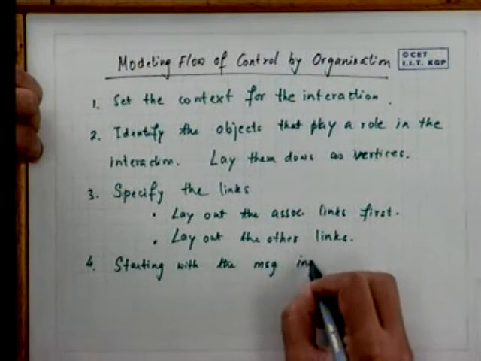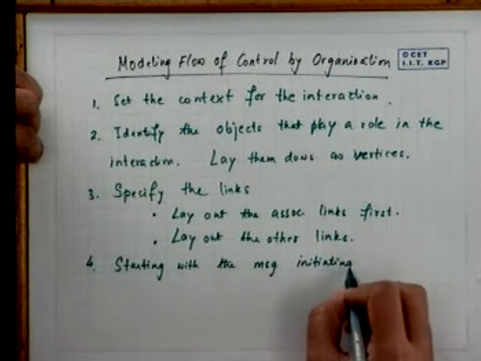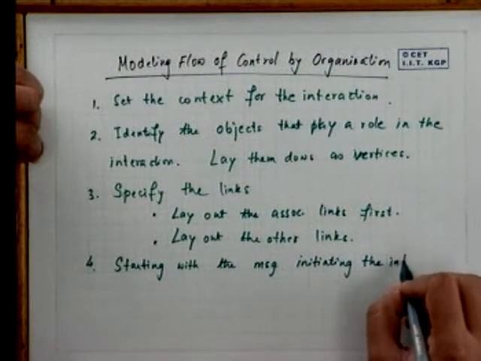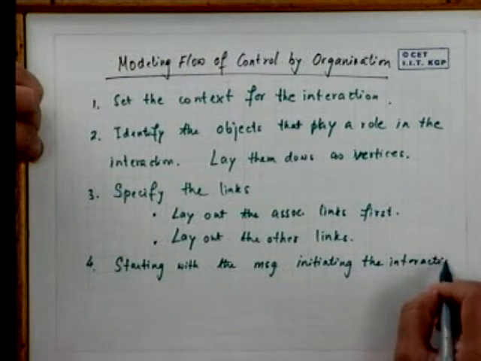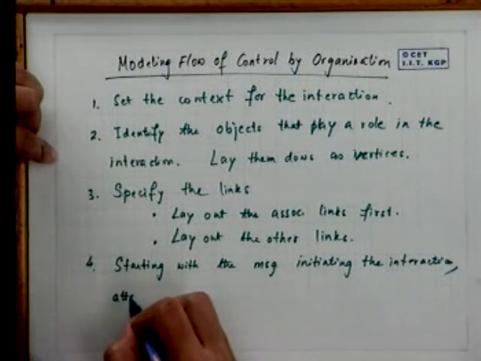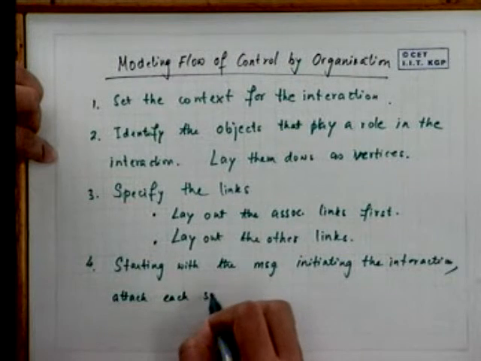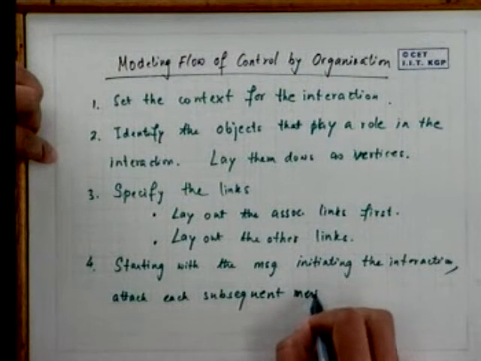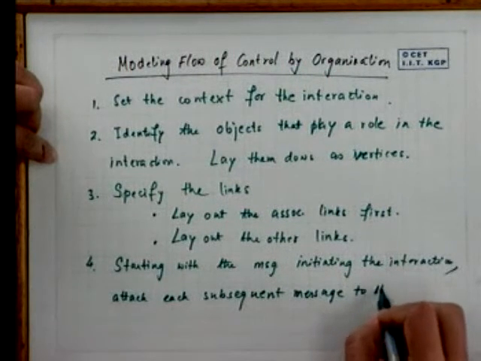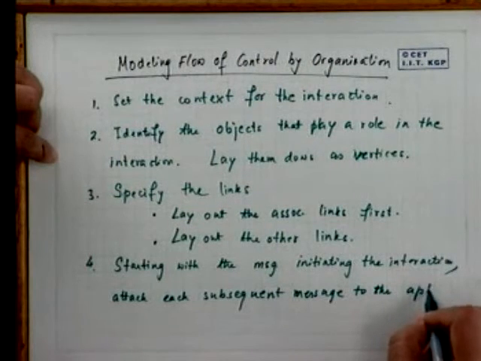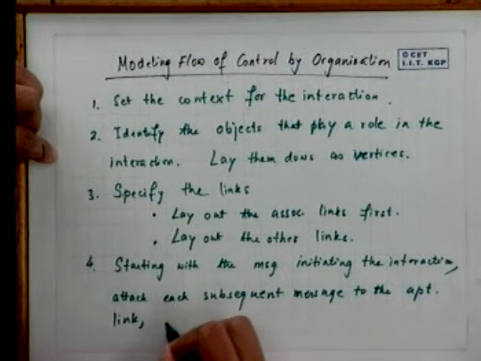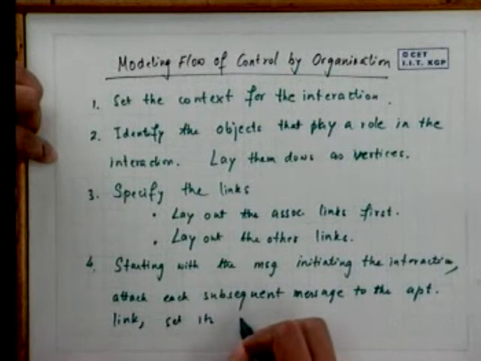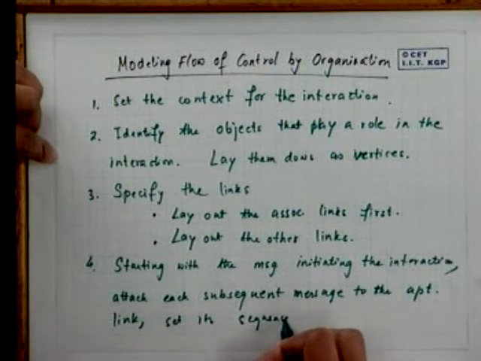Starting with the message initiating the interaction, attach each subsequent message to the appropriate link and set its sequence number. And finally, you attach time and space constraints if necessary.